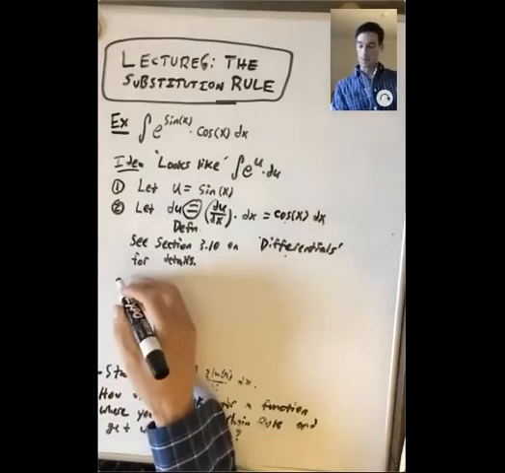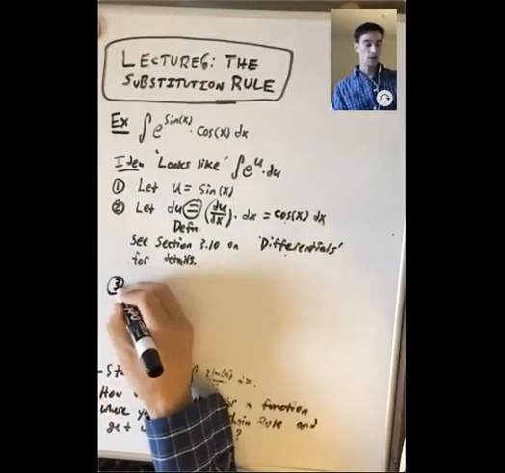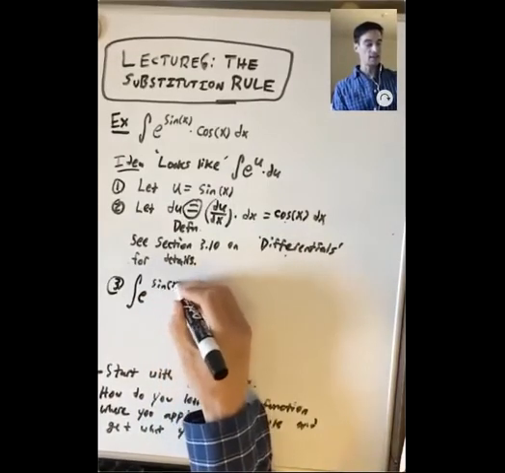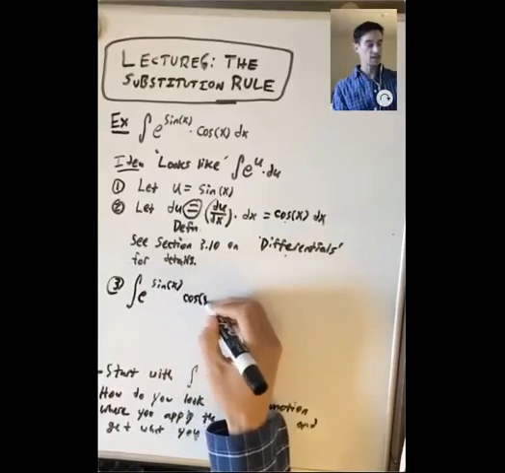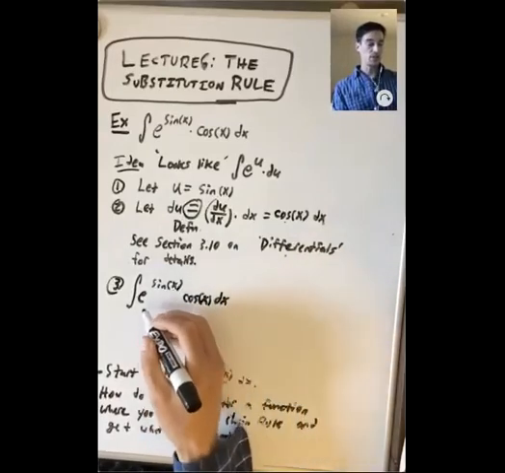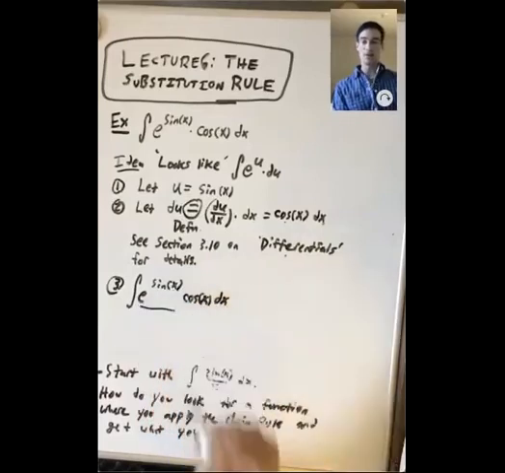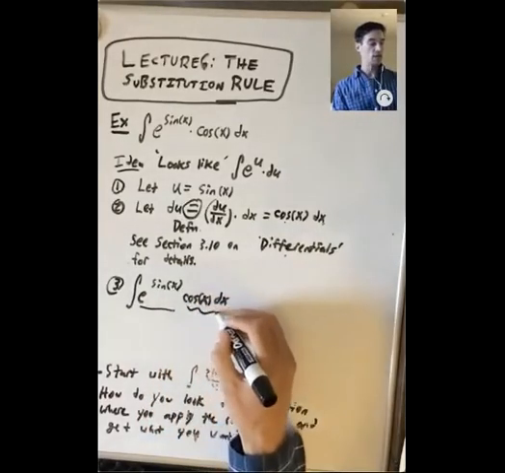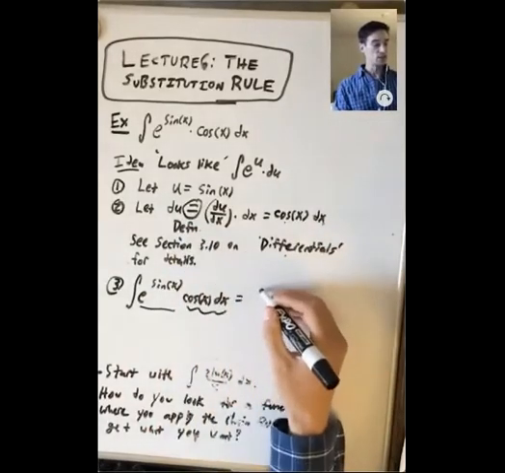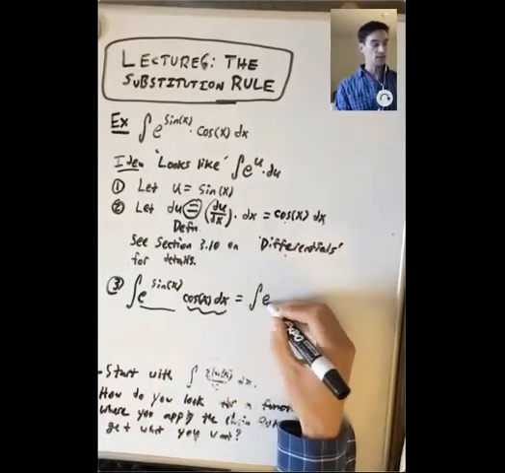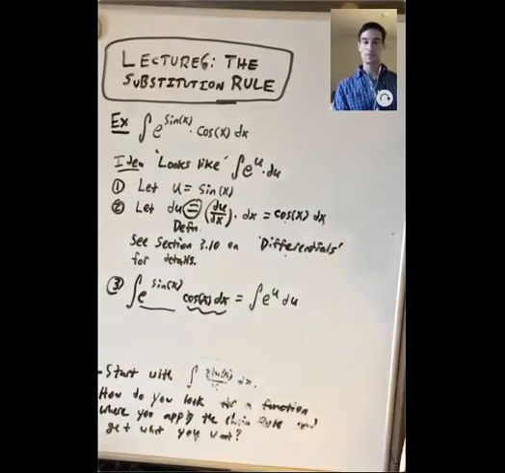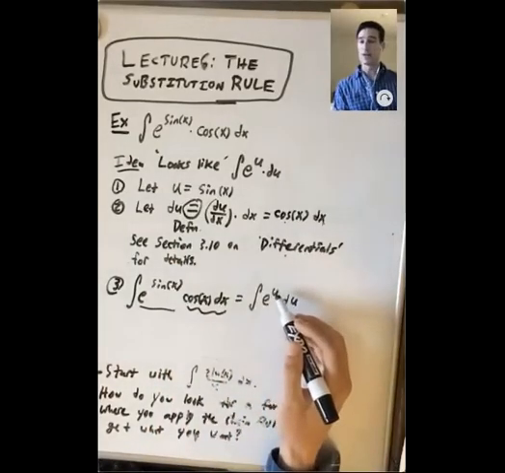So why does that help? Well, now this integral of e to the sine x cosine x dx: sine x is equal to u, so this first term is e to the u, and cosine x dx is du. So this is equal to the integral of e to the u du. And u is just some other variable now.